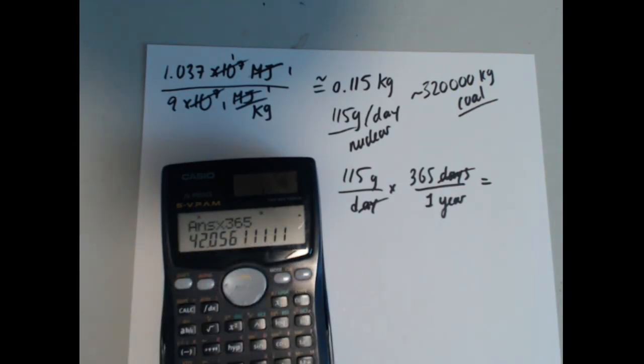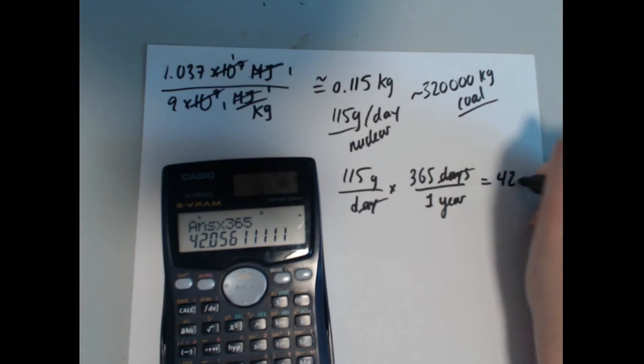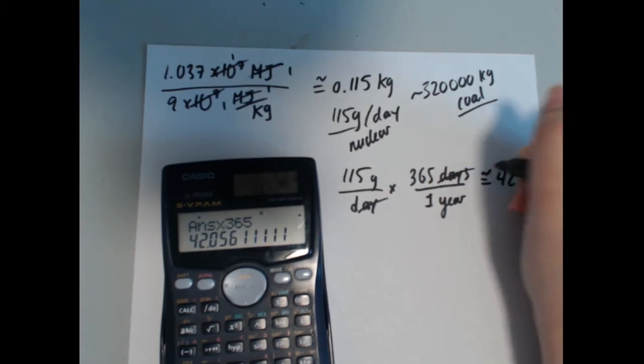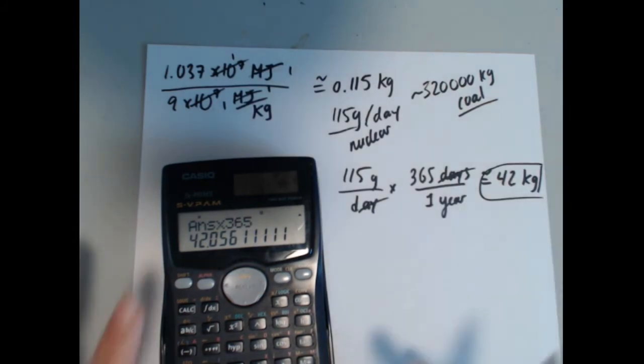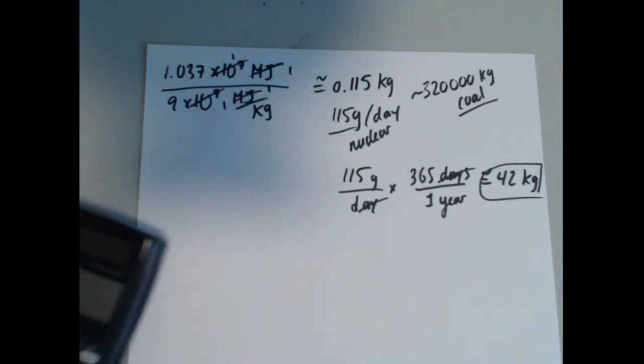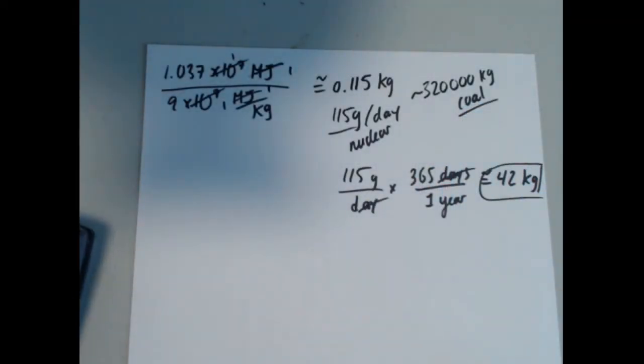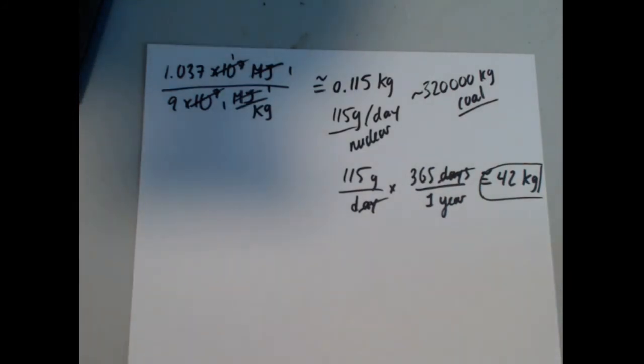So times 365, that's approximately 42 kilograms. Not too bad. For 1 year, you would use 42 kilograms of nuclear fuel to power this city, as opposed to 320,000 kilograms of coal for 1 day. So quite a big difference there. All right, let's go back to the slides.